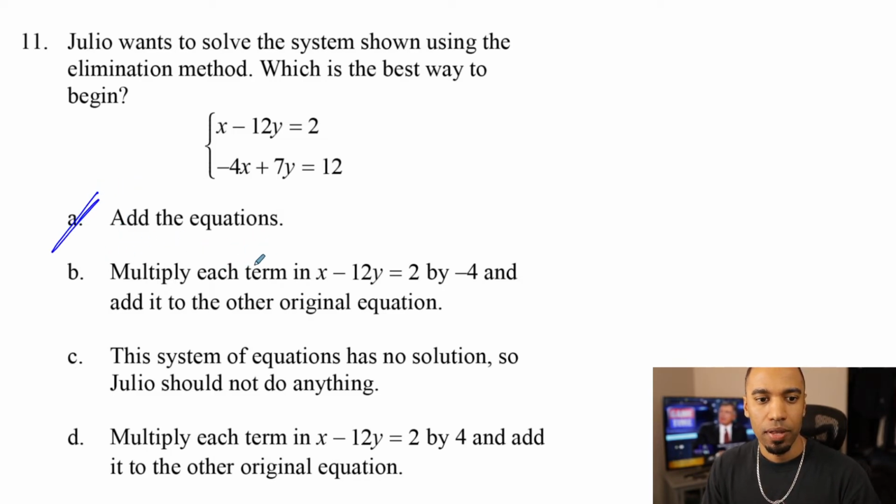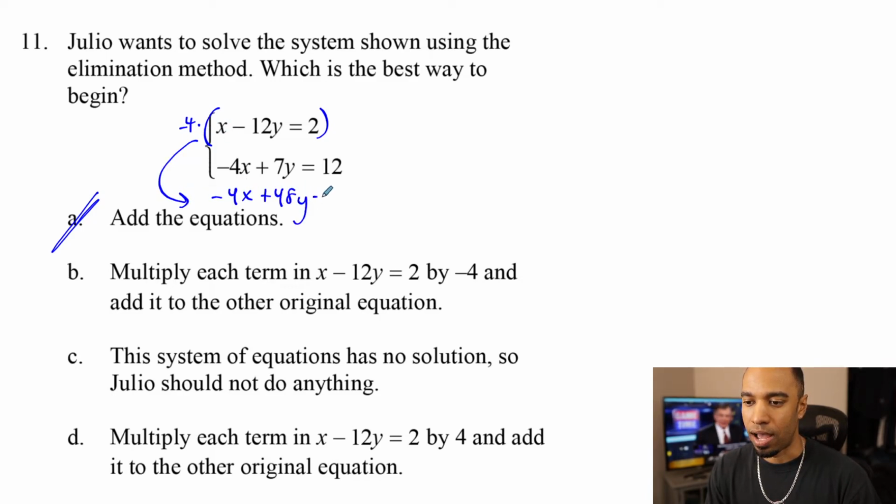B, multiply each term in x minus 12y equals 2 by negative 4 and add it to the original equation. That means to the other original equation, negative 4. That means this will become negative 4x plus 48y equals negative 8.